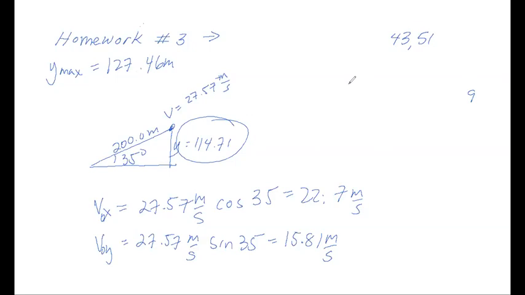I could set up Y equal to a negative 114.71 and use a quadratic formula, but I don't want to go through all those changes. So let me just determine how long it takes an object to fall from this height, and I'll solve for t.